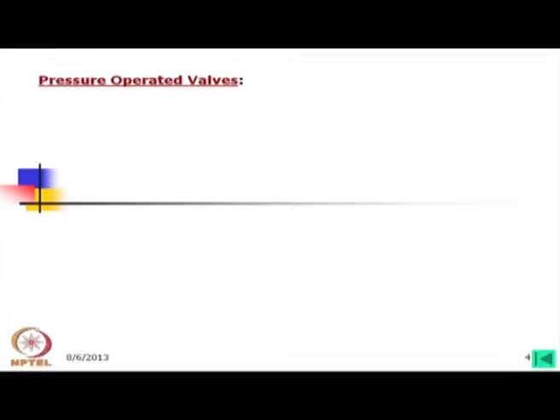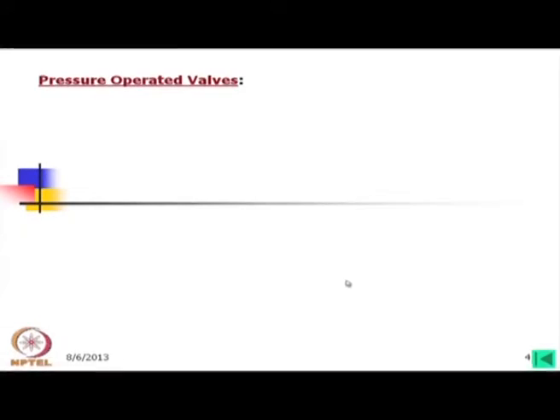Now, first of all we shall consider pressure operated valves. In the last slide, what I have discussed about the orifices, we shall come later to the different shapes of the orifices. But in this lecture we shall only discuss how these valves work and what their features are.